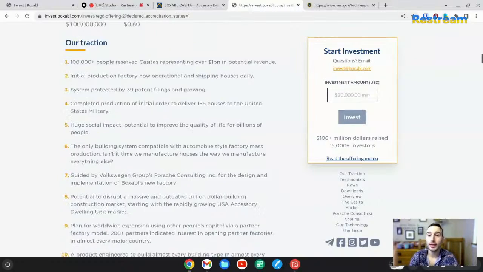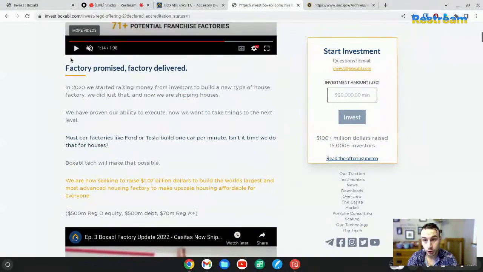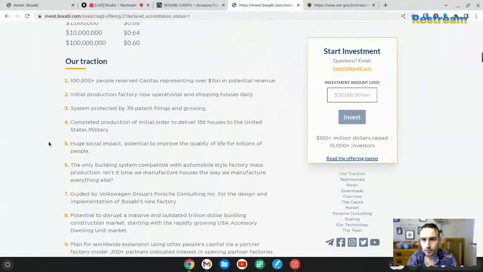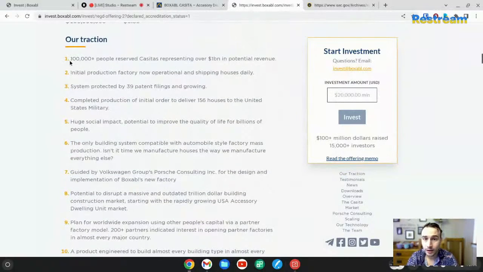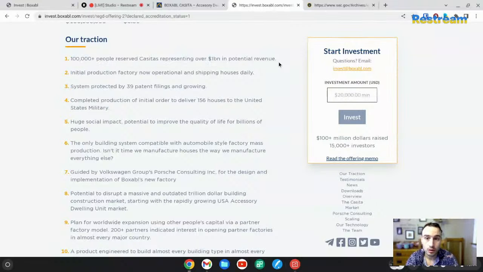Our traction. Okay, here we get into some specifics, which should have been mentioned up here. 100,000+ reservations. 100,000 people have committed a down payment for a boxable house, representing over $1 billion in potential revenue.